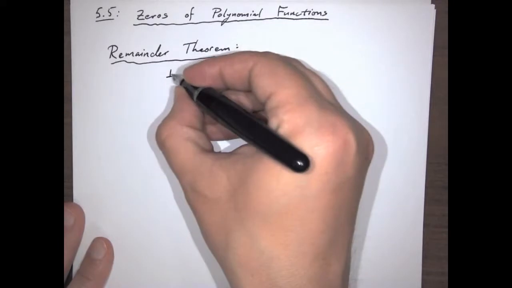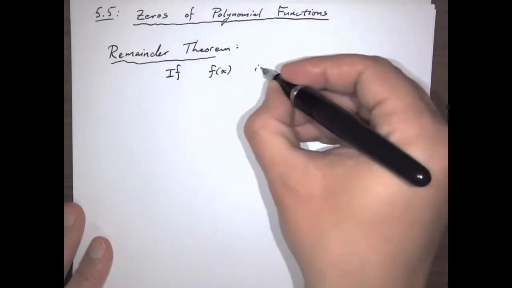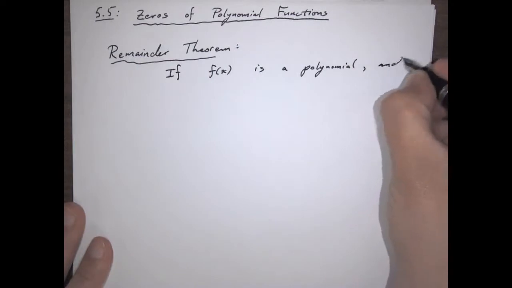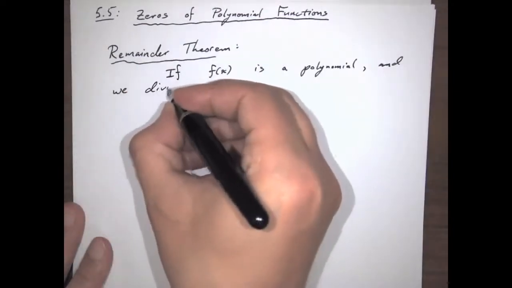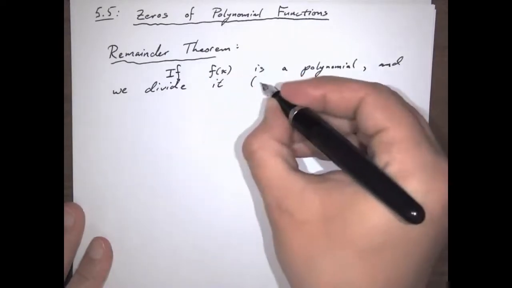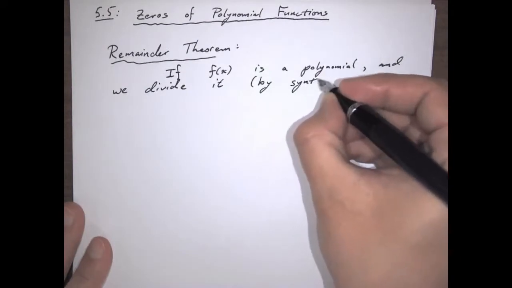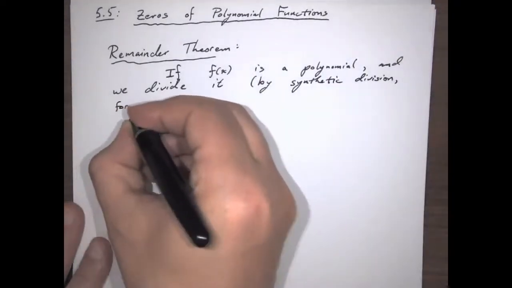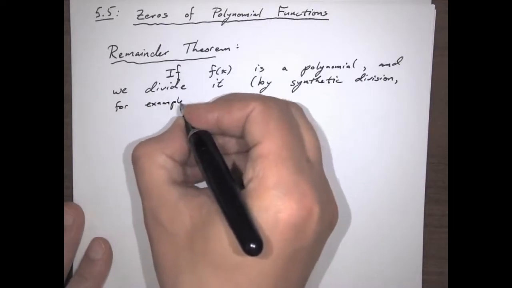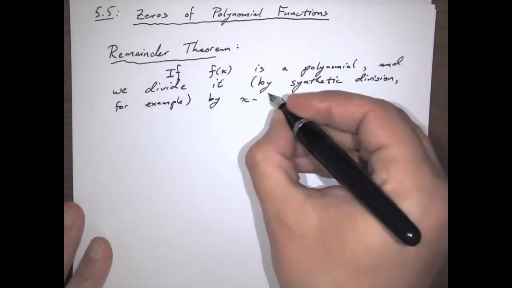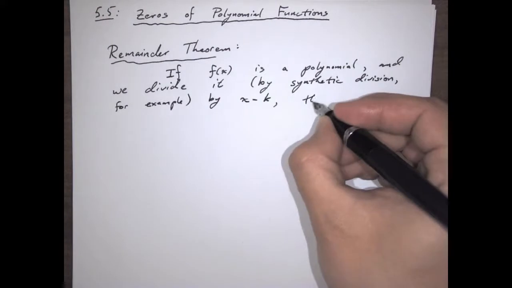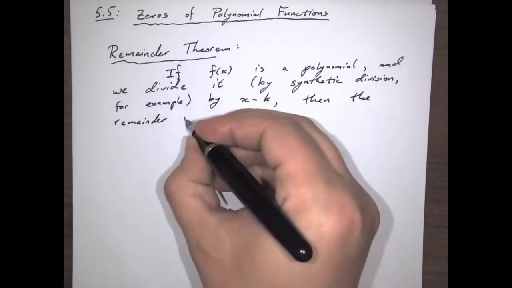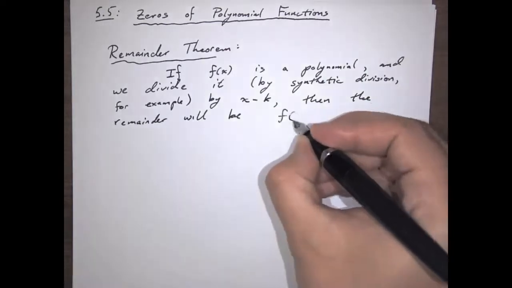So if f of x is a polynomial, and we divide it, for example, by synthetic division, by x minus k, then the remainder will be f of k.